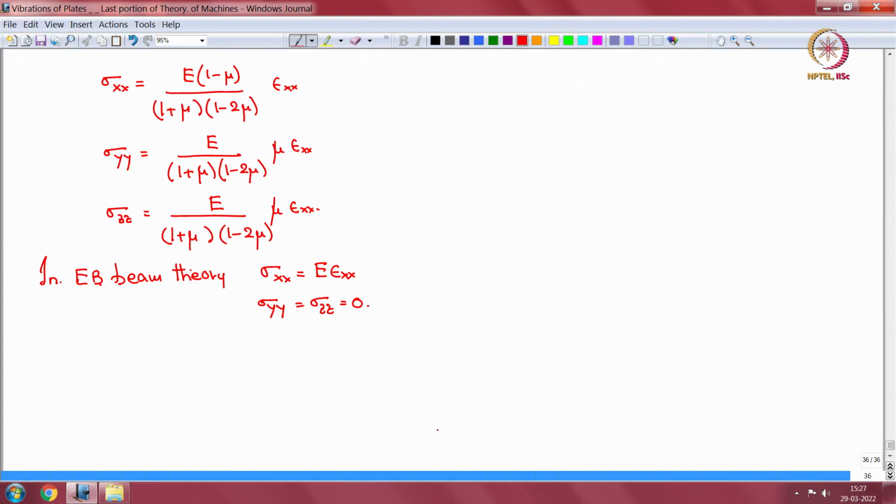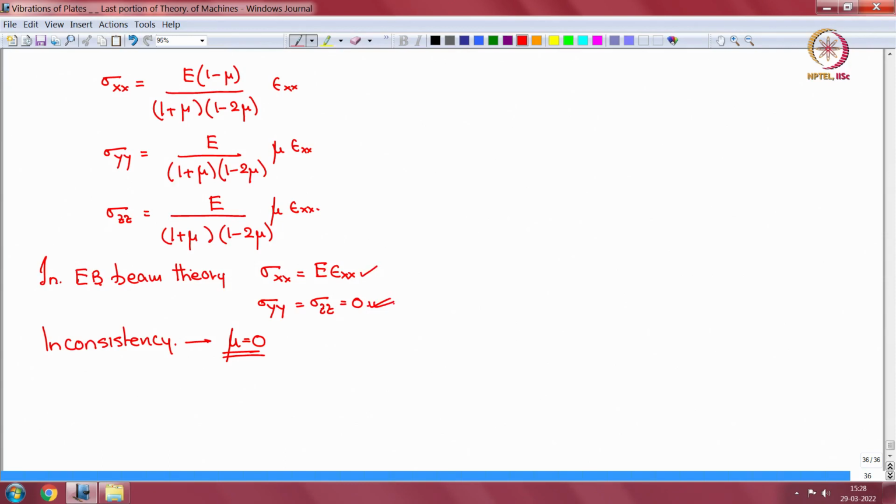Okay, so there is an inconsistency, okay, and this is acceptable for a material which has mu equal to 0. If mu is 0, you will find that these are the values you arrive at, okay. It's pointing to a special material with mu equal to 0, okay.